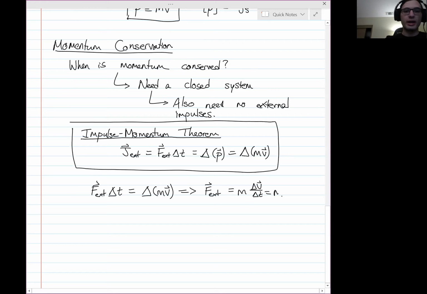That's just equal to m times a, assuming that the deltas are small enough and everything's constant and so on. So the impulse momentum theorem is exactly equivalent to Newton's second law. If Newton's second law is true, then the impulse momentum theorem should be true. So it should not be surprising that the impulse momentum theorem holds.